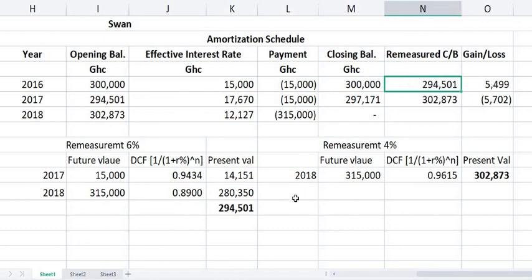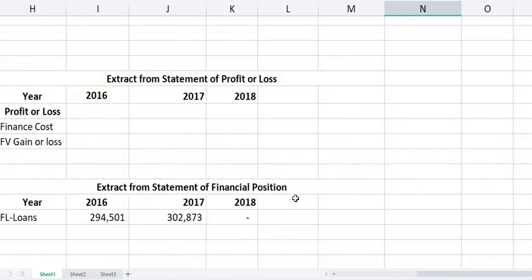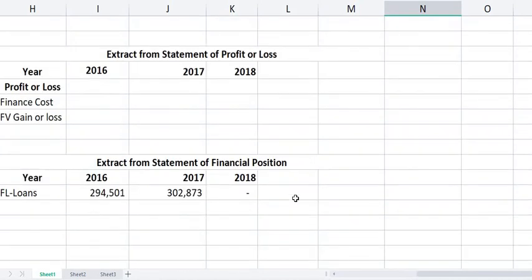Right. So let's see how this will be shown in the statement of profit or loss. In the statement of profit or loss, the effective interest is going to be our finance cost, and our fair value gain or loss will also be our income or loss.